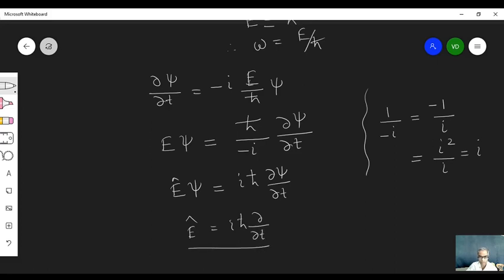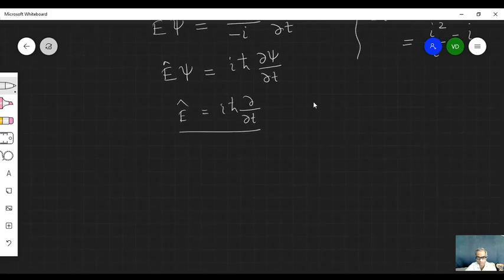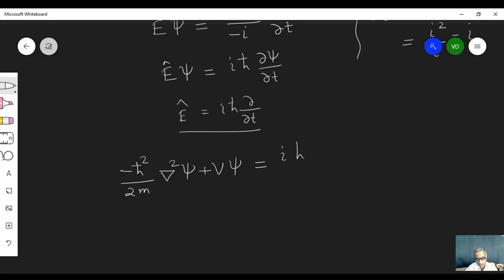That will be the operator. So putting this value of E psi in the first equation, what we get is minus h cross square upon 2m del square psi plus V psi. That was the left hand side, and the right hand side was E psi. Now instead of E psi, I just write i h cross del psi by del t.